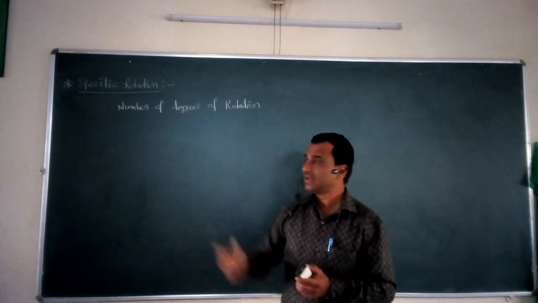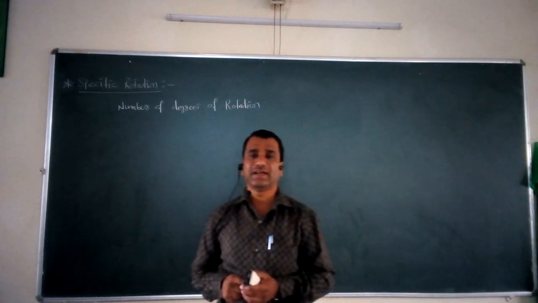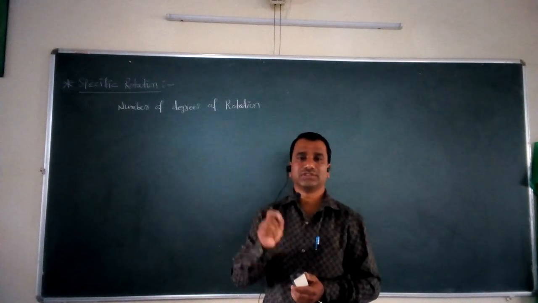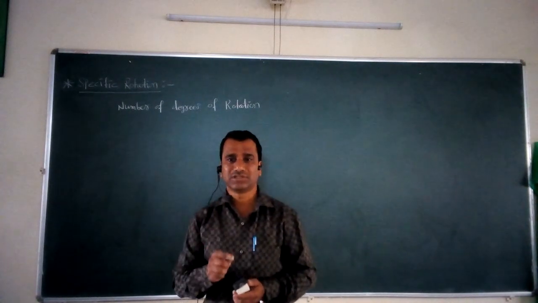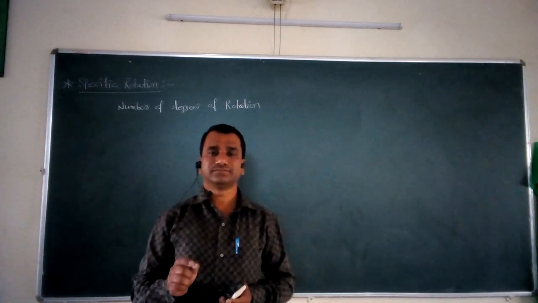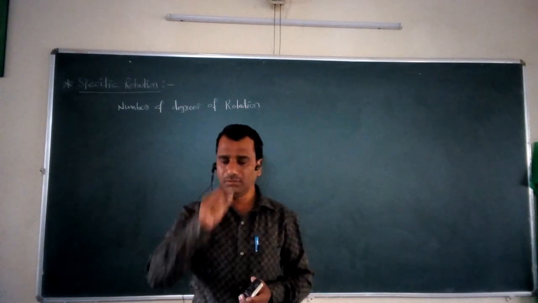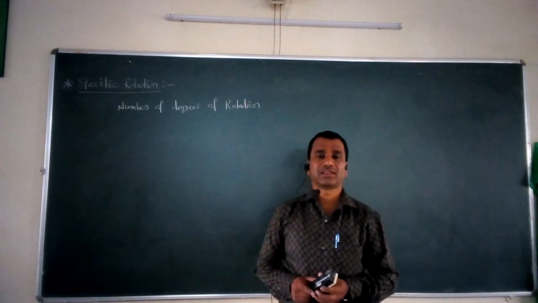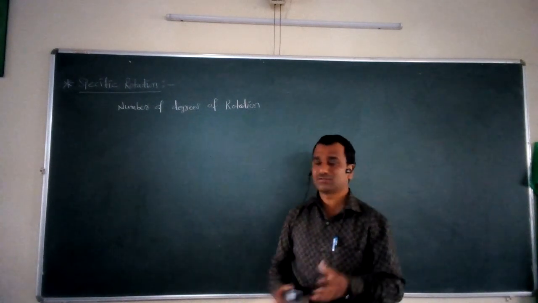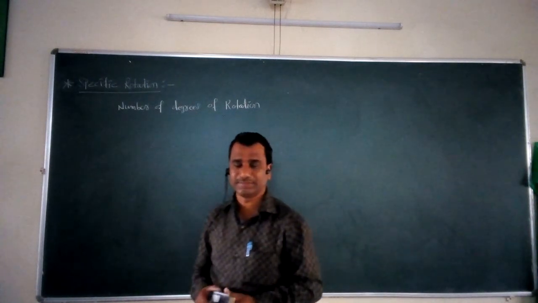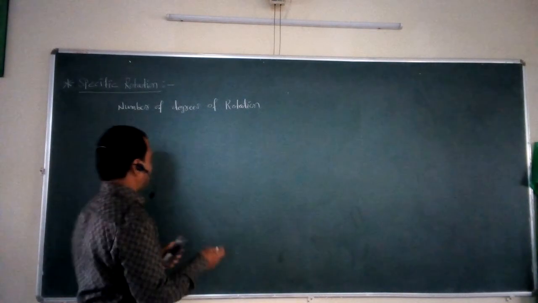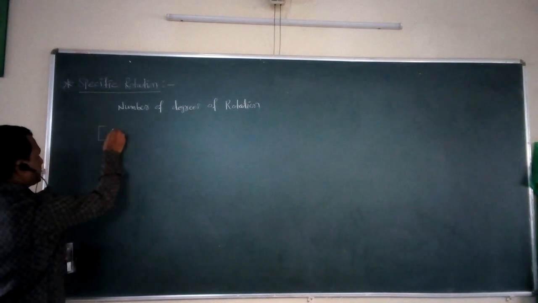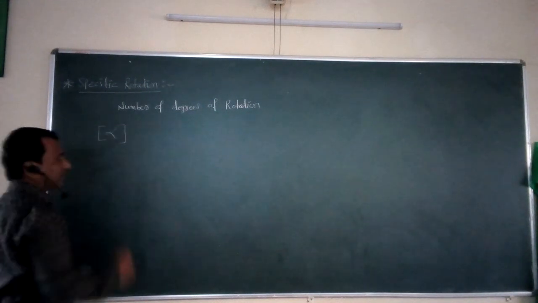So we can say that specific rotation can be defined as the number of degrees of rotation given by a solution of 1 gram per ml of the compound. This specific rotation is represented by alpha.